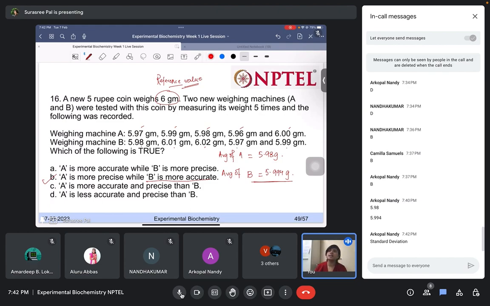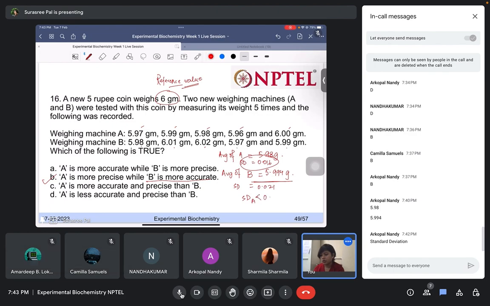Standard deviation is how much a particular measurement deviates from the average, right? If you calculate the standard deviation of these two, you will find that the standard deviation of A is 0.016, while the standard deviation of B is 0.021, right? So which one is lesser? Of course, the standard deviation of A, which is 0.016.